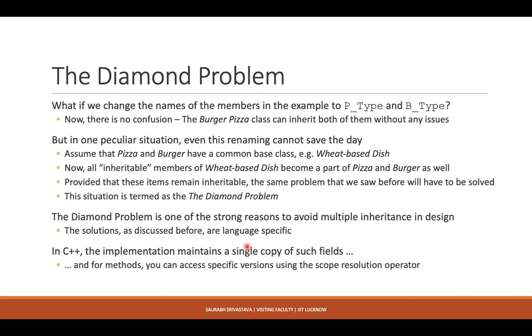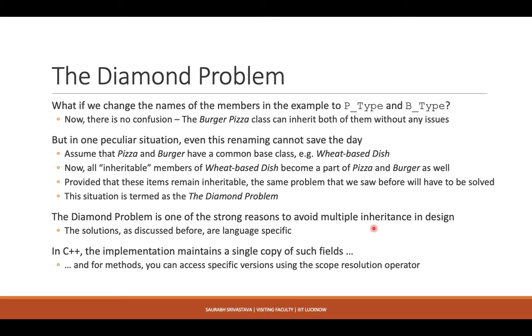So now you don't even have that rename option, because these members are not really a part of pizza and burger, they are coming from the base class. You cannot rename them in pizza and burger, so with the same exact name, they will land in the burger pizza class.